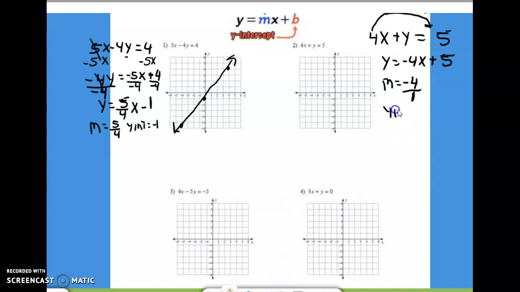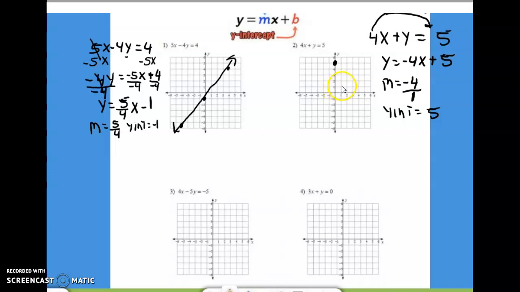And my y-intercept, I'm going to start at 5. Okay. So let's start at 5. 1, 2, 3, 4. Start at 5. That means I'm going to go down 4. 1, 2, 3, 4. Now be careful because the 1 is positive.